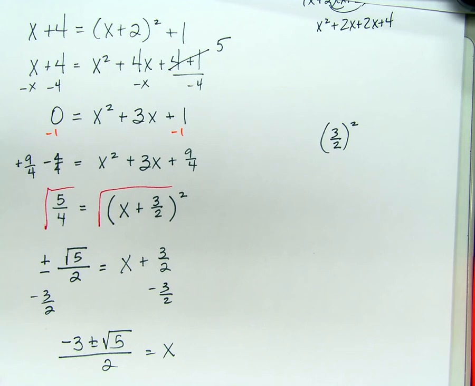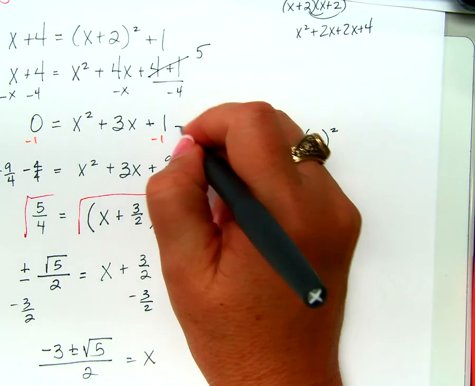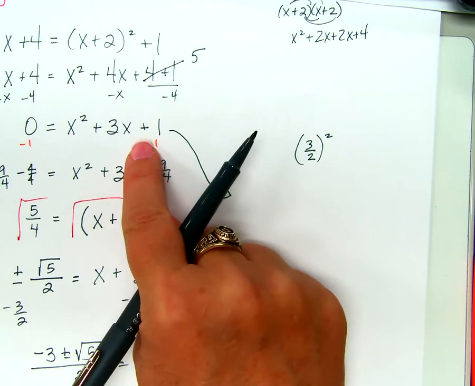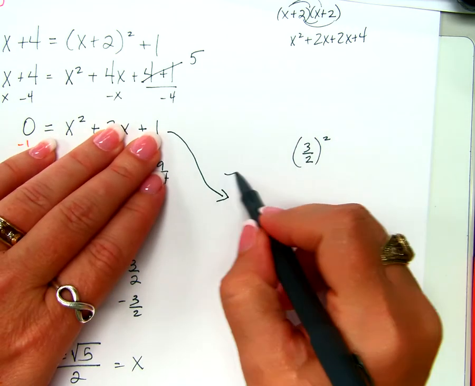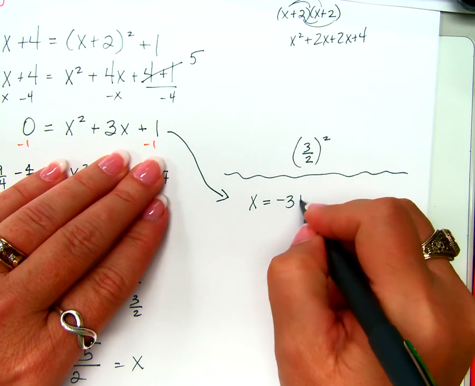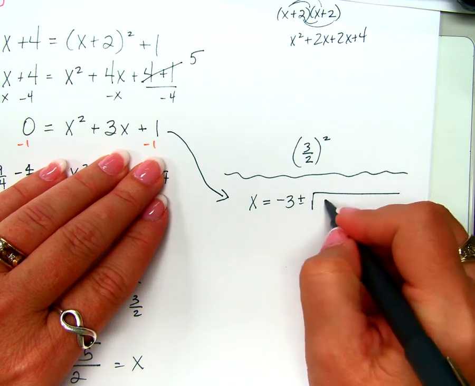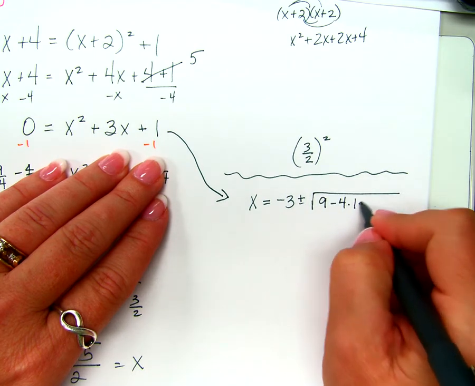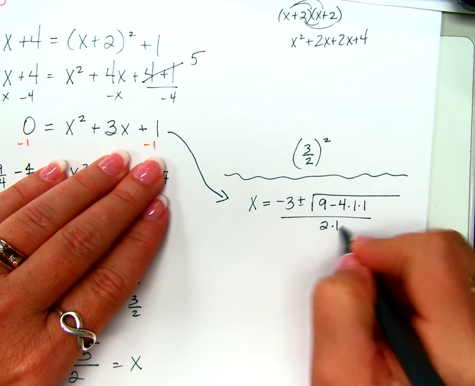You okay so far? Okay, I'm going to show you something real quick. I'm going to start right here with this equation. X equals negative b plus or minus the square root of b squared minus 4ac over 2a.